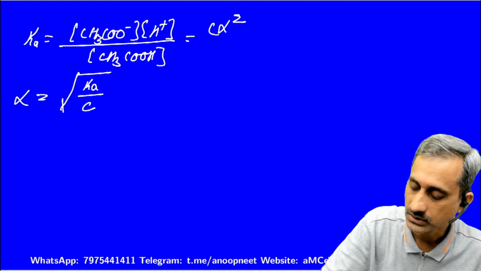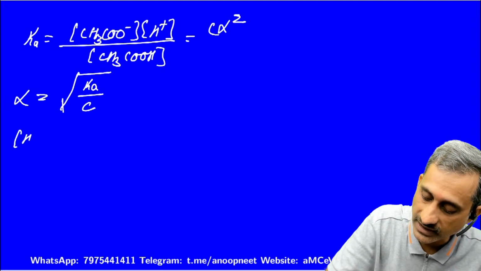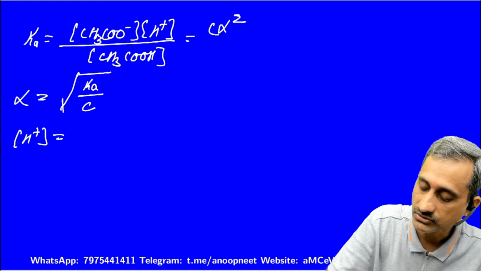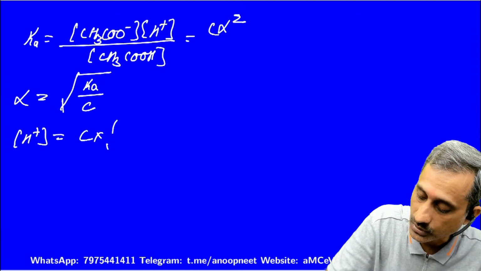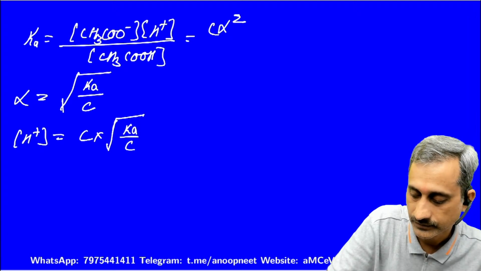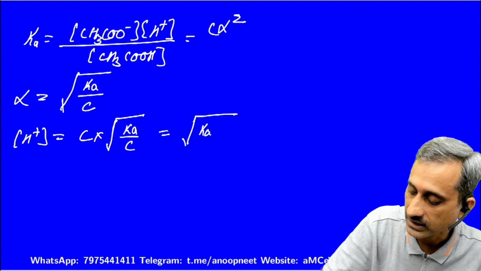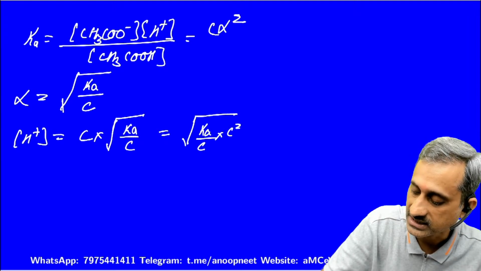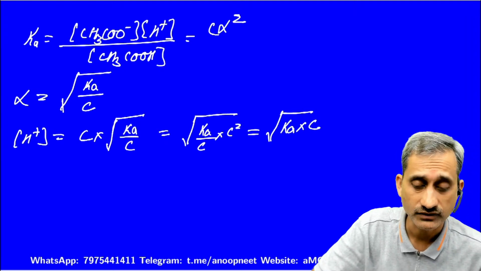So alpha squared is equal to Ka by C. Now Ka by C means that if we find the concentration of H plus, it turns out to be C into under root of Ka by C. That will be equal to under root of Ka by C multiplied by C square, which is under root Ka multiplied by C. So that is the concentration of H plus.